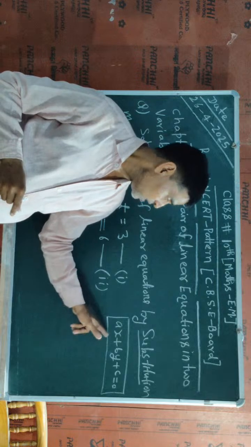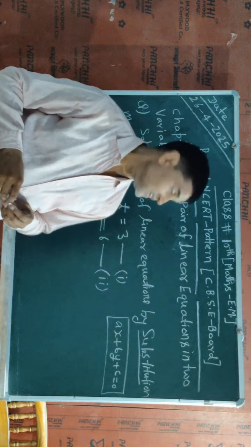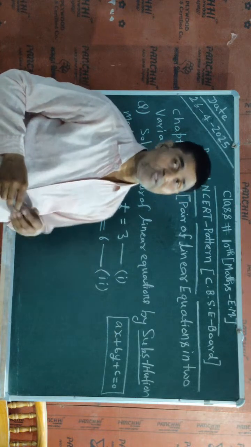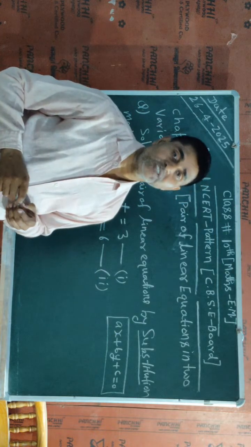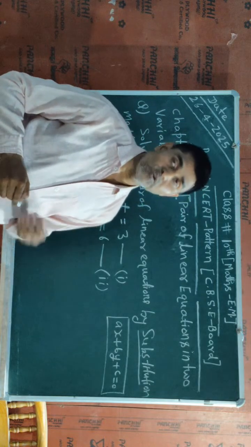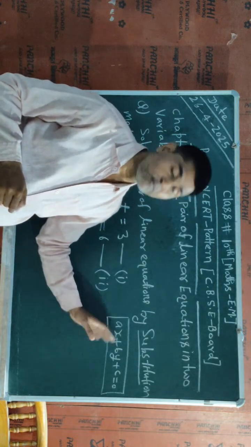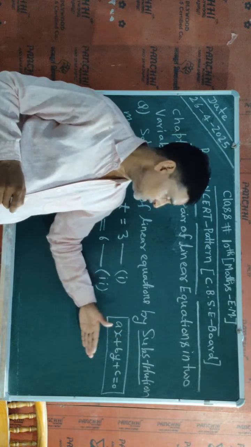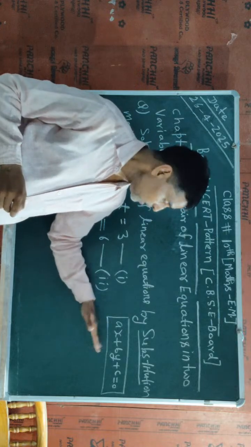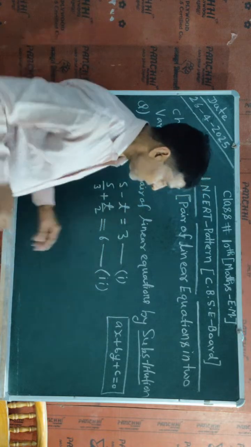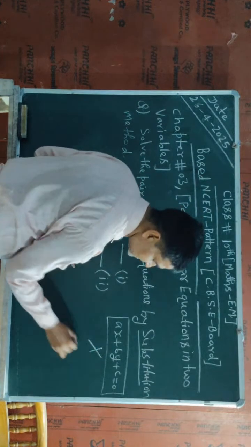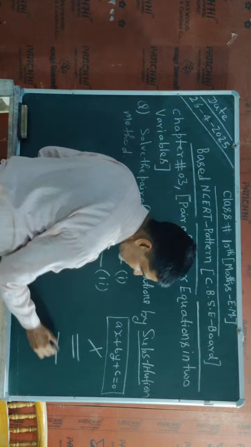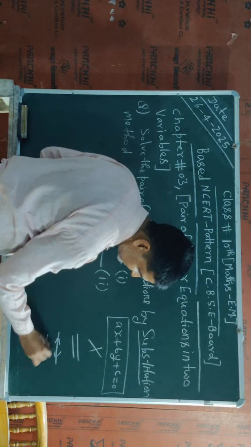Okay, student. Now condition number 3 is that if I take two particular equations and a1 divided by a2 is equal to b1 divided by b2 is equal to c1 divided by c2, it means that both straight lines are parallel to each other, that is, one line lies on the other line. So the first condition was like this, the second condition was like this, and in the third condition one line is available here and the other line is also available here.